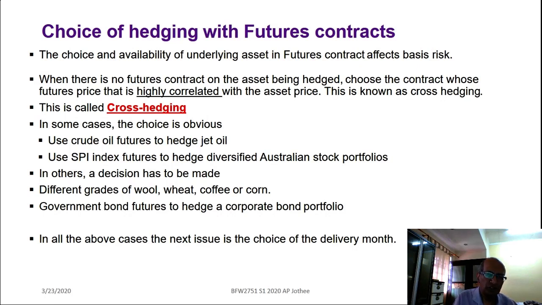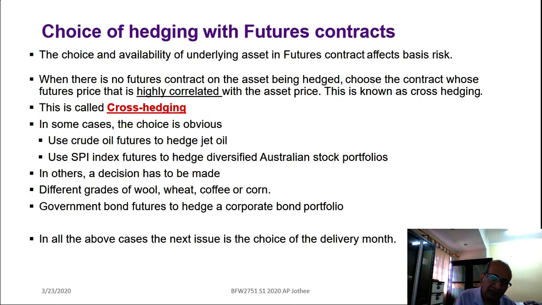Let us see. Choice of hedging with futures contract. The choice and availability of the underlying asset in the futures contract can affect basis risk. Whether there is a possible futures for the physical asset you want to buy is important. When you're talking about wood, a certain grade of timber is available in the physical market and you want to buy it in the futures market, and you are looking for a futures of that particular grade of timber, it may not exist.